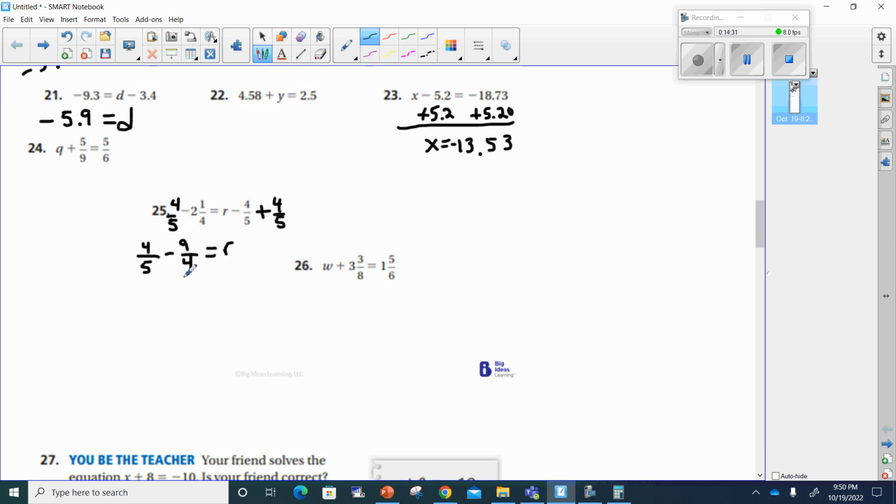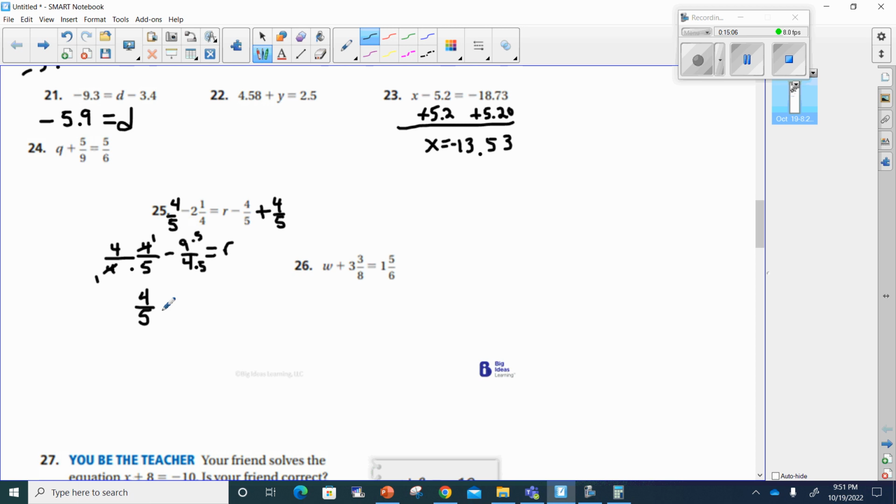will equal r. I need common denominators, so I'm going to multiply this by 5 over 5, and I'm going to multiply this by 4 over 4. Well, I know since I got a 4 on the top and bottom, they're both divisible by 4. That gives me 1. So this first one here can be 4 times 1, which is 4, and 1 times 5, which is 5.